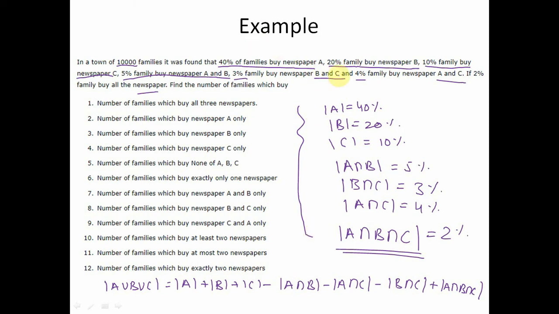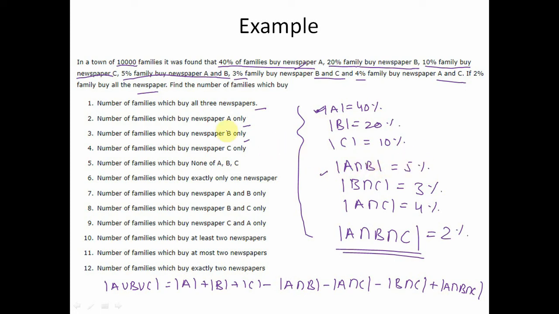Now I have to find out the number of families which buy all the three newspapers, the number of families which buy only newspaper A, the number of families which buy only newspaper B. Please remember, when I say A, it might include certain people who are buying B also. So that is given over here. 40% people are buying newspaper A, but out of that 40%, there are 5% people who buy both A and B.